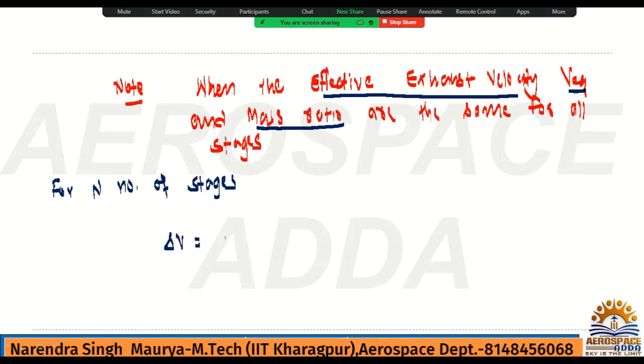For all stages velocity is the same, V equivalent into ln 1 by MR. This is for a single stage, and if this effective exhaust velocity and mass ratio are the same for all stages, we have n number of stages, so multiply with that.